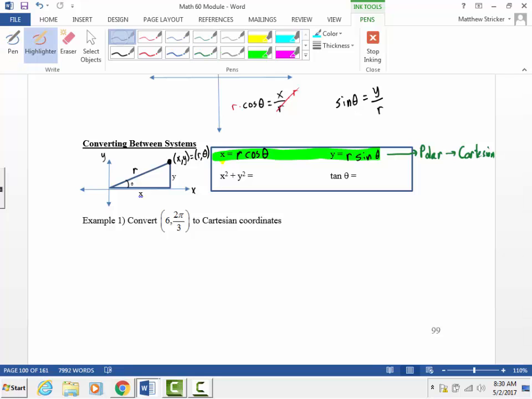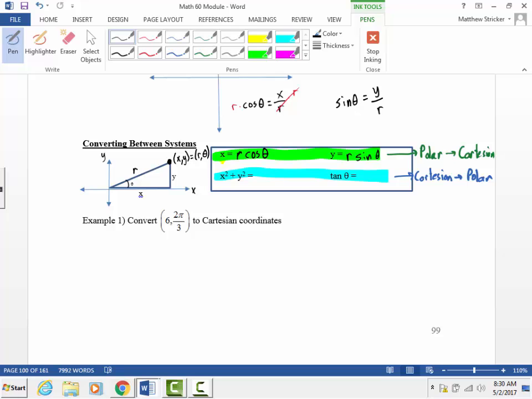And then there are formulas for going the other way. We haven't talked about what they are yet, but those formulas are for going from Cartesian to polar.